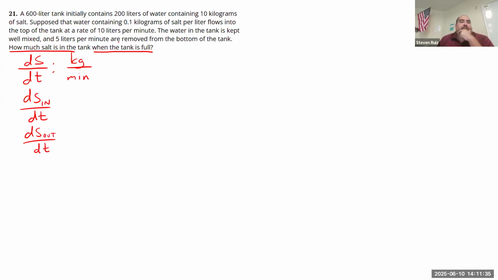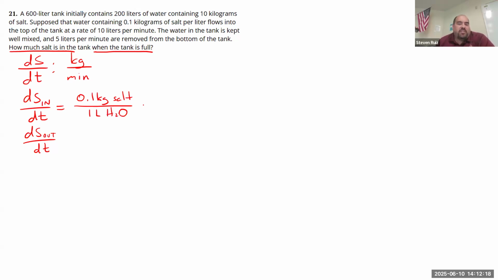Okay, so what's coming in? A 600-liter tank initially contains 200 liters of water containing 10 kilograms of salt. Suppose that water containing 0.1 kilograms of salt per liter flows into the top of the tank. Okay, so this is not exactly the rate I want, but it's a good means to an end. So I know the water that's coming in is 0.1 kilograms of salt per 1 liter of water.